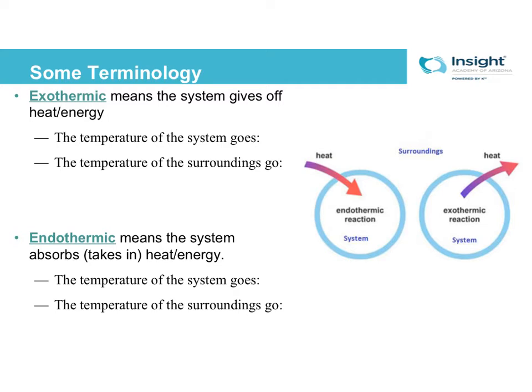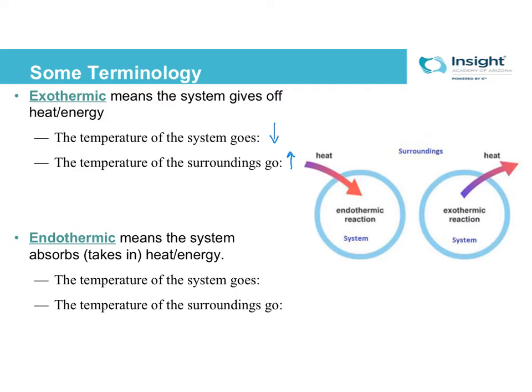So in that sense, if they are giving energy away, the temperature of the system is going to go down. And then because the system is giving off energy, the surroundings are going to gain that energy, and their temperature is going to go up.